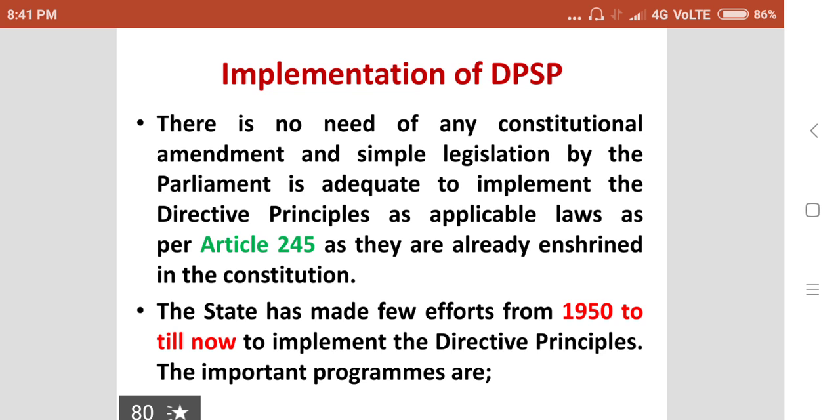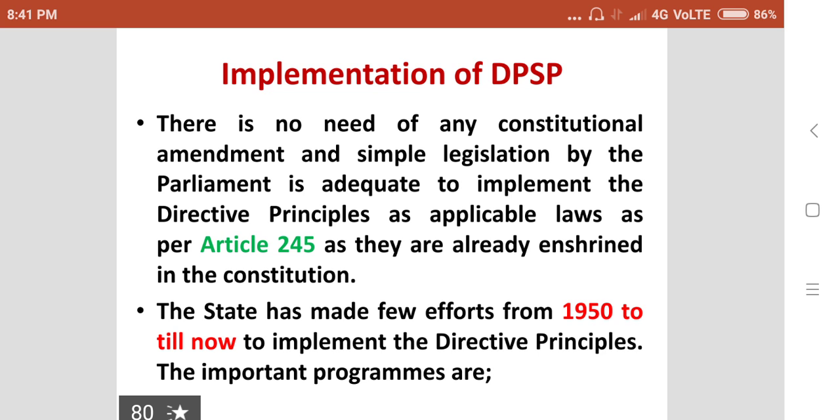So, since independence, many parties formed the governments in India, and all these governments tried to implement the directive principles through many programs. So, let us see how the governments tried and what programs were the steps taken by the governments to implement the directive principles, which is called implementation of directive principles.